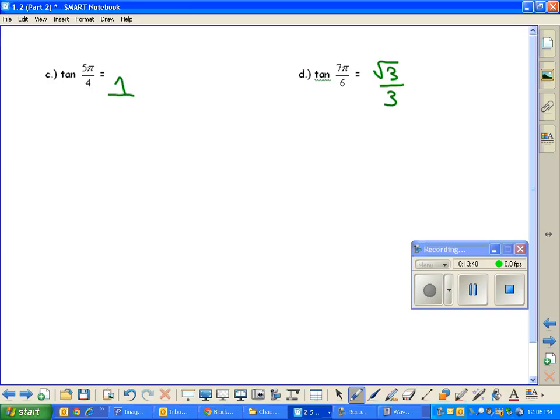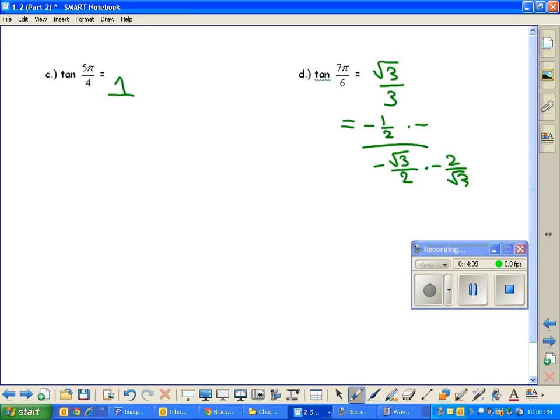For this one, you would have had the sine of 7 pi over 6, which is negative 1/2, over the cosine of 7 pi over 6, which is negative root 3 over 2. When you're multiplying, you have to multiply by the reciprocal. So you have to have the negative also, because the negatives have to cancel as well.